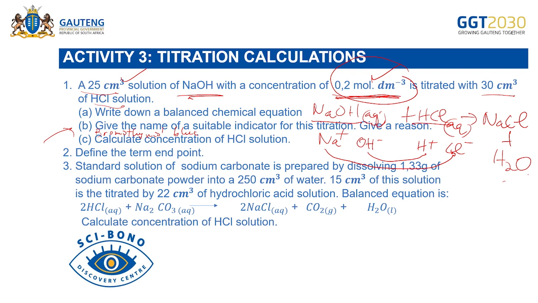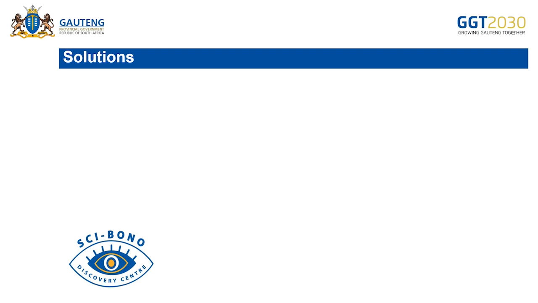If you try to use n equals CV, from C equals n over V, you are going to have two unknowns. But for sodium hydroxide, there is only one unknown, which is the number of moles. So I'm calculating the number of moles of sodium hydroxide, which is going to be CV.